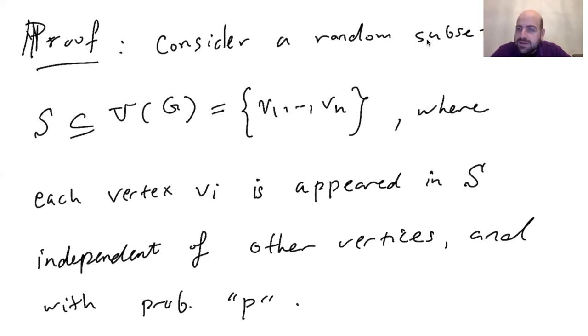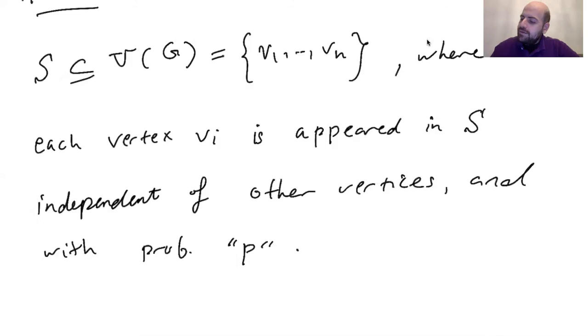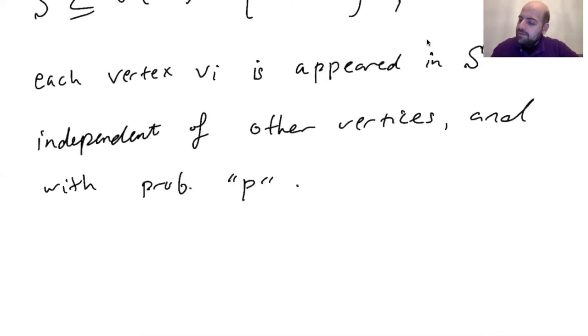Similarly here, but we are considering a subset of V, which is V1 to Vn. Now V1, the first vertex, is going to appear in S with probability P. V2 also is going to appear with probability P, independent of whether V1 appeared or not. V3 is again going to appear independent of whether V1 and V2 appeared in S, and each one with probability P. So this is how S is constructed.